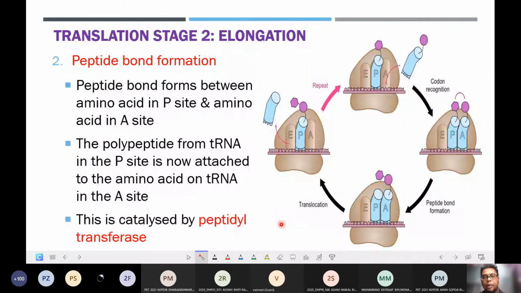This step will be catalyzed by a special enzyme known as peptidyl transferase.